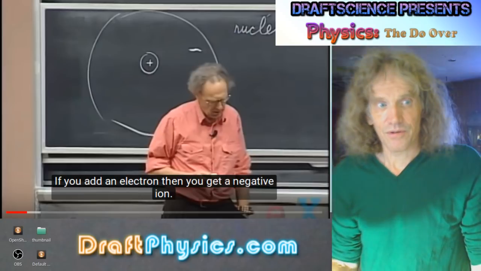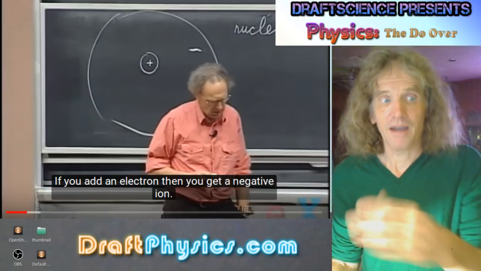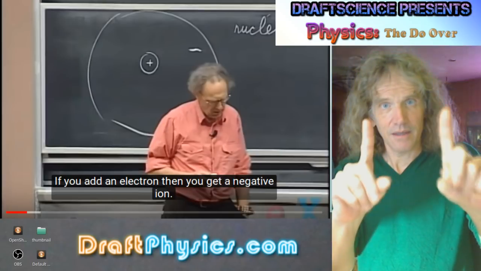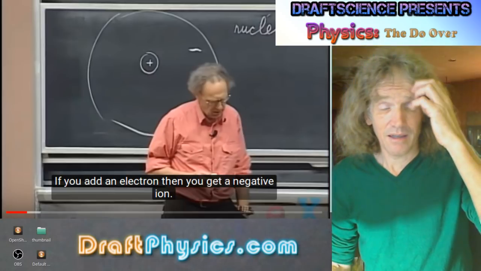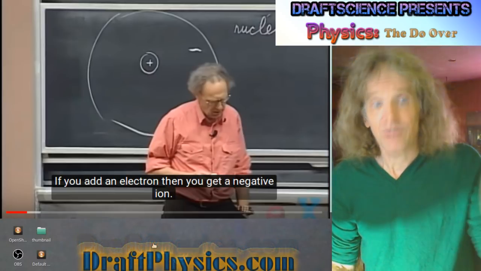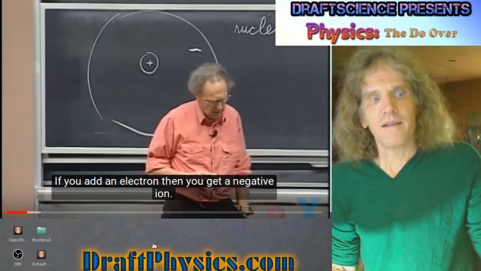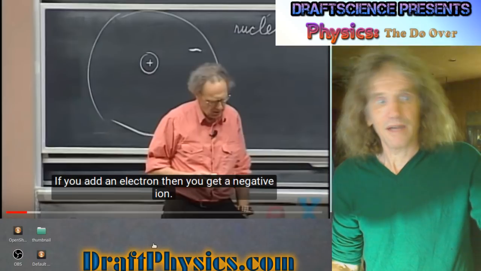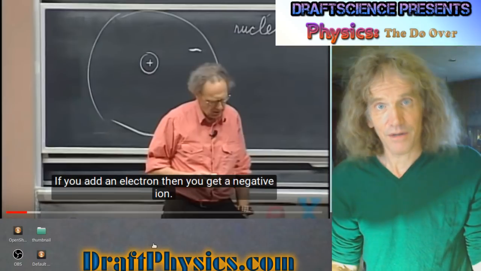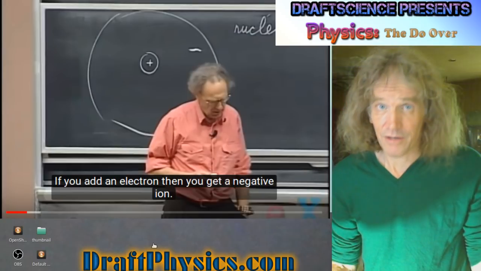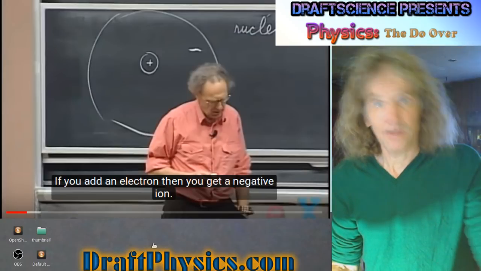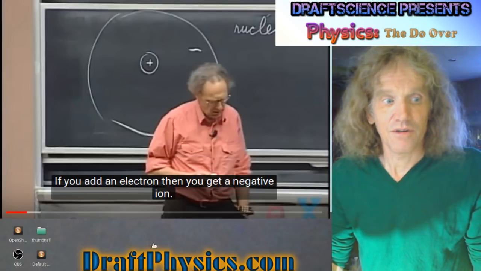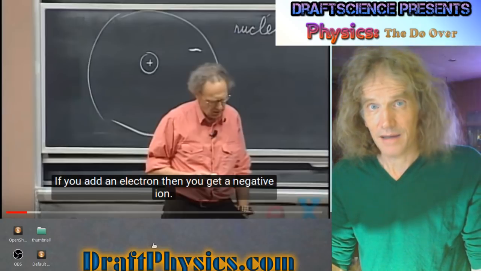Now, it's also true that you can change the size of the orbit just by extracting the pressure, that is, putting more pressure between the electrons, pushing them closer together. And you don't need to change the number of electrons. So this is a point where you could argue that there's a lot of assumptions built into their conclusion that it was the addition or the subtraction of an electron that creates an ion, when it could be argued that it's just the addition of pressure or the release of pressure that changes the size of the orbit, and you don't have to extract an electron or add an electron.